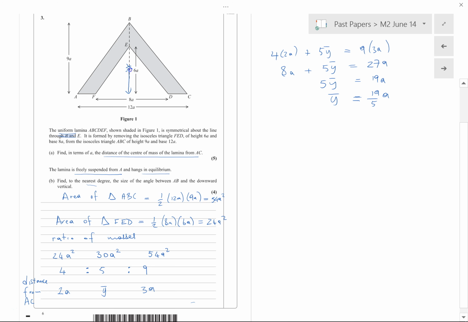Do not be concerned that my centre of mass is not anywhere where there is actually lamina, it's in the hole part. That can happen, so don't worry about that. The centre of mass is there where this is 19 over 5A.